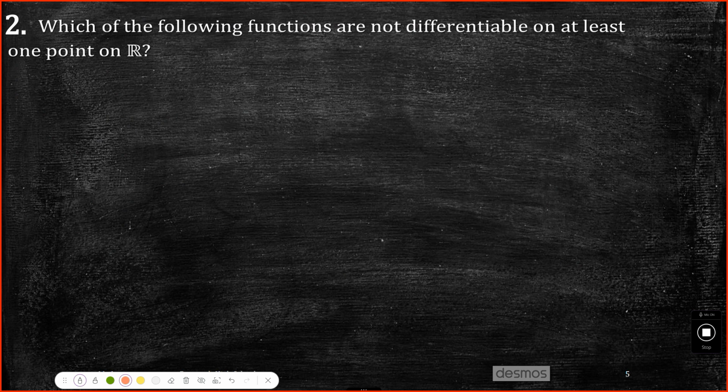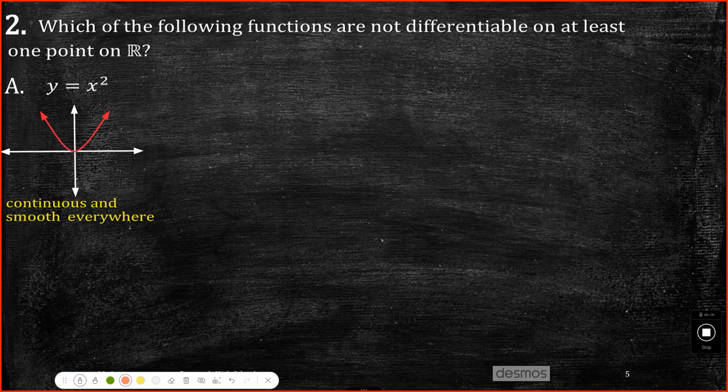Problem number 2: which of the following functions are not differentiable on at least one point on the reals? Y equals x squared, that's the quadratic function. That is smooth and continuous everywhere, so it is differentiable everywhere.